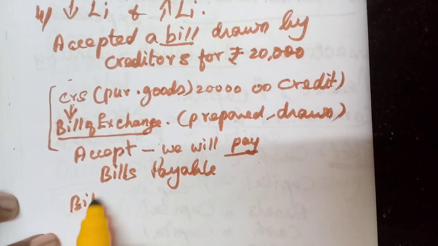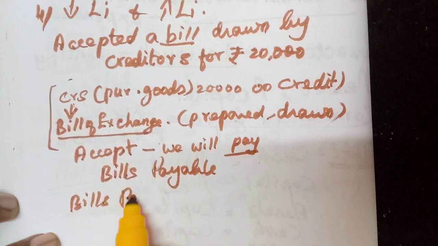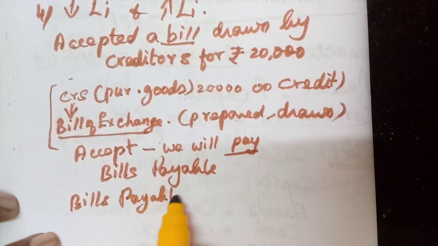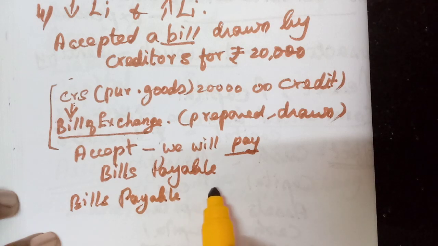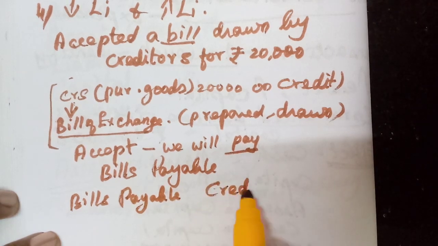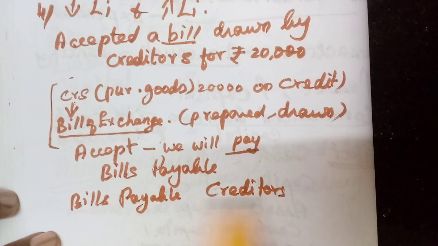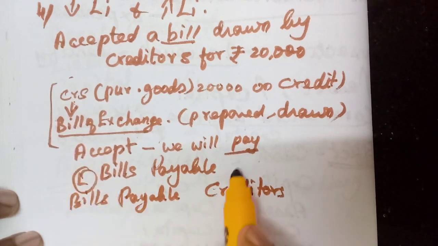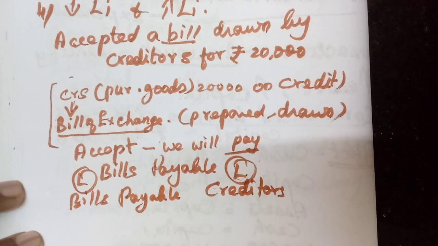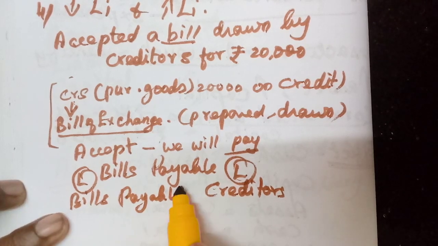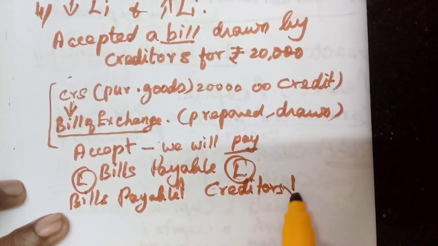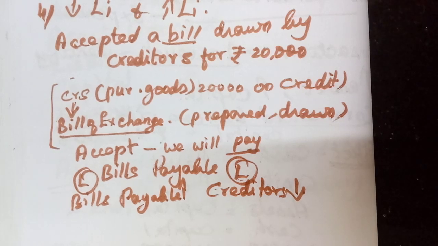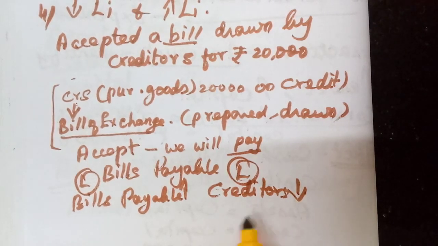The other one is creditors. Two accounts affected. One is bills payable. The other one is creditors. Here both are liability. Understand? This also liability. This also liability. Understood? Here bills payable increases. Creditors decreases. What is the meaning? That we need to pay for him.